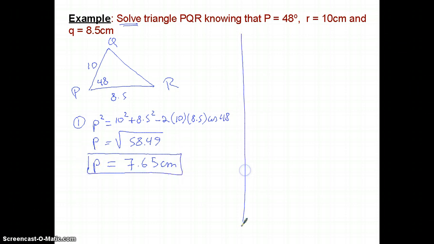Now what else do we need to take? Now that I have p, 7.65, I need to figure out one of the two angles. Alright, well, which one should we figure out? Let's go for R. So I'm going to say that sine of R over 10, across from R, is equal to sine of 48 over 7.65.